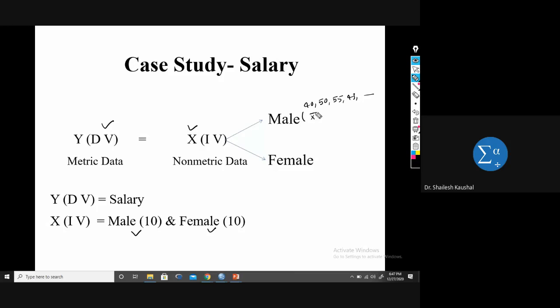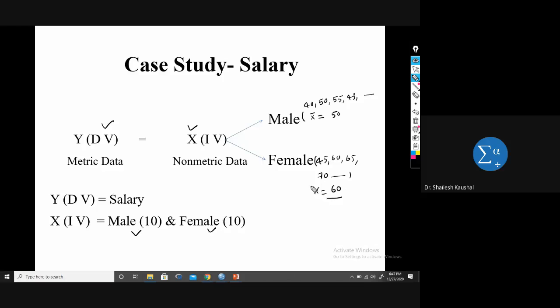For example, the mean value of this is 50,000. And I'm taking observations from the female teachers, where someone's salary is 45,000, 60,000, 65,000, 75,000, 10 observations, and the mean salary is 60,000.